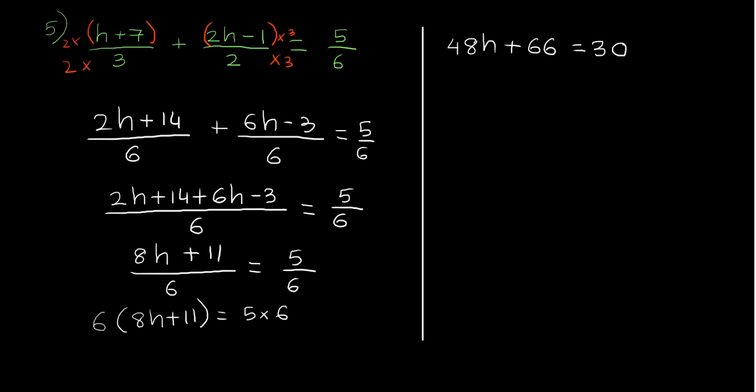Okay, so I'm going to subtract 66 from both sides. On the left hand side I'm left with 48h, which is equal to minus 36. Then I divide both sides by 48.